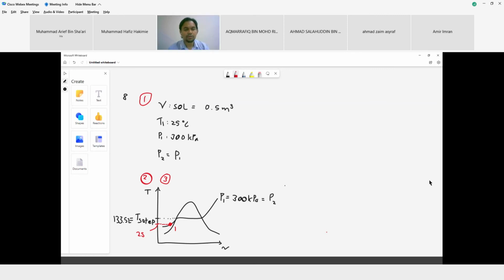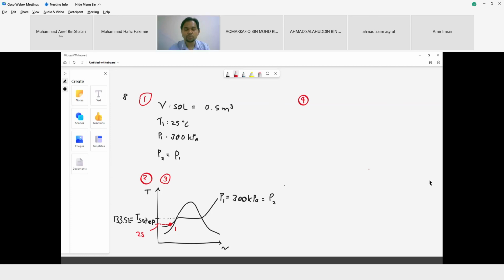Okay, now move to step number 4. Before we move to step number 4, look at your question again. Sentence number 2: heat is added to the water at constant pressure until entire liquid vaporizes.